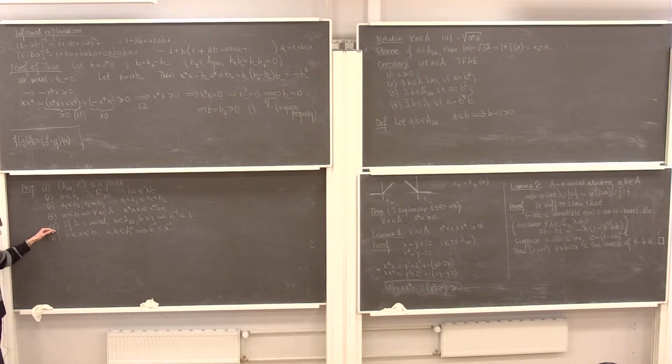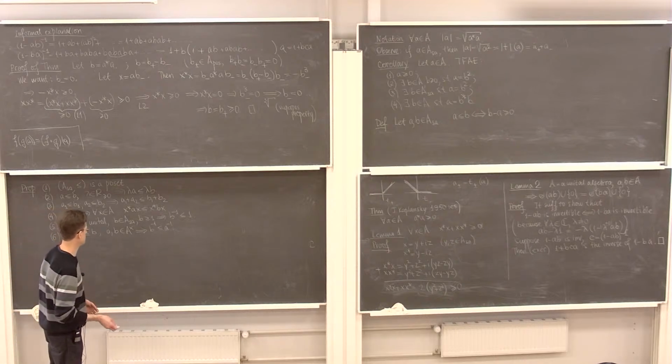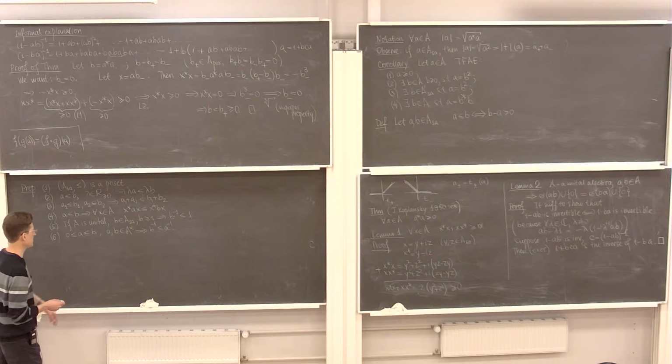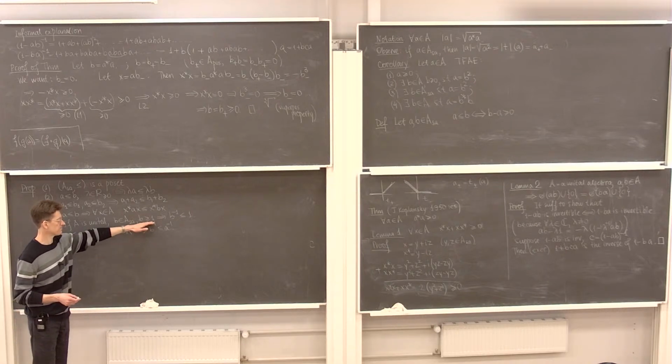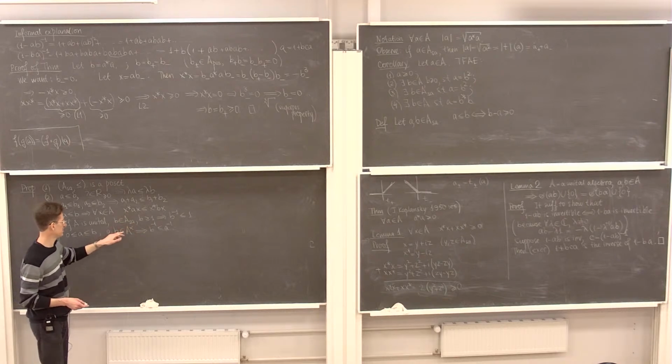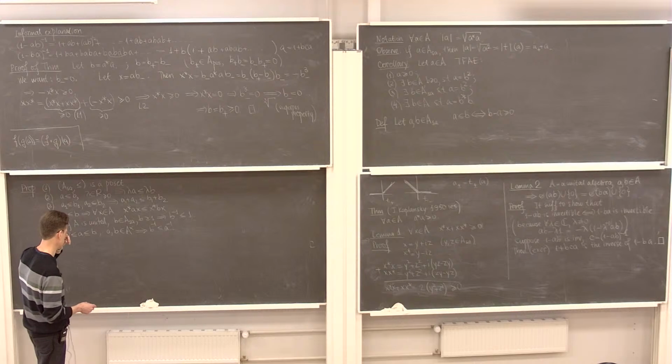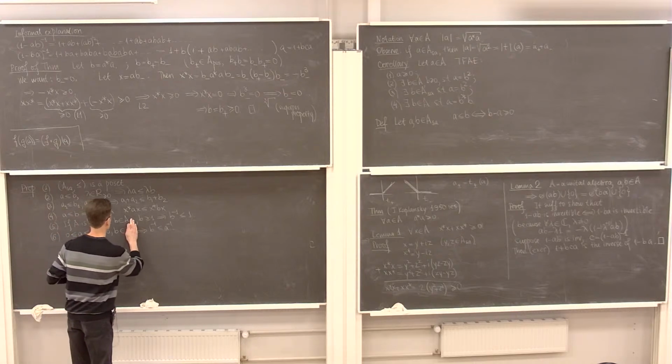Actually, this is more general than property 5, but it will be convenient first to prove property 5 and then to deduce property 6. By the way, I have to say that here B is automatically invertible because it is positive. Of course.